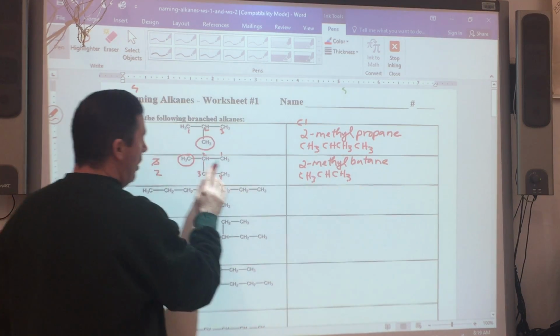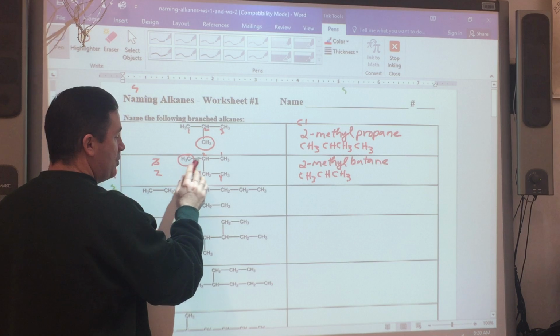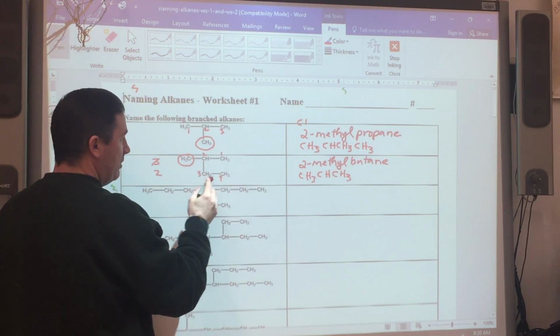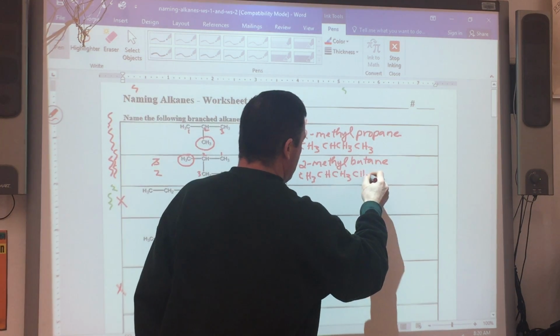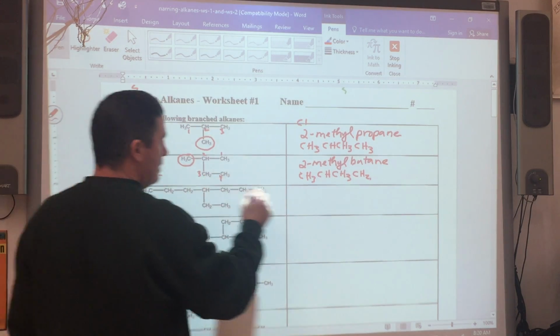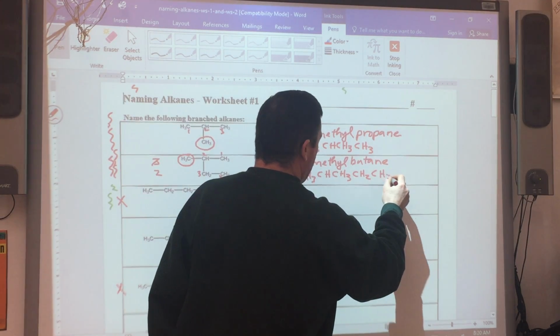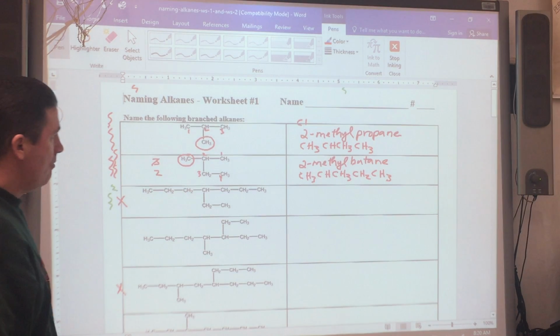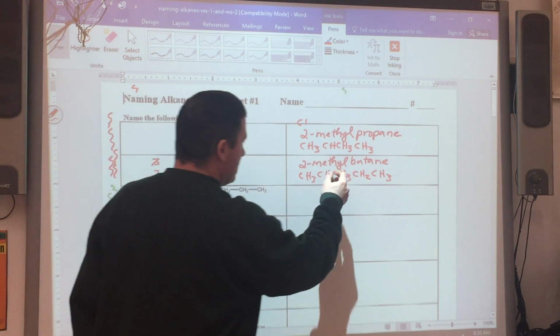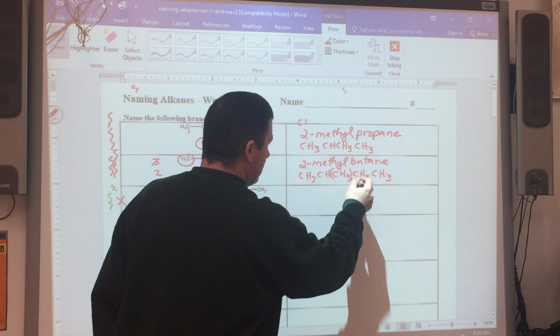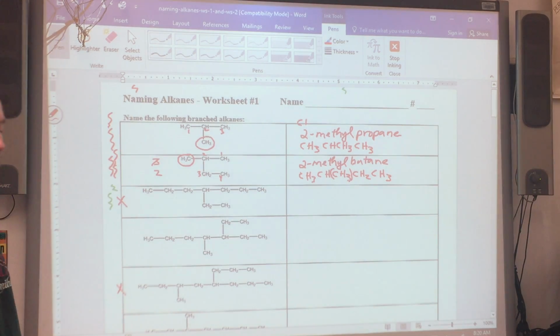That's the one that's bonded off of the substituent that is bonded off of that carbon. And then CH2, that's the third carbon, and CH3. Okay? Again, sometimes you'll see it drawn like this. Either way, it's okay. Okay?